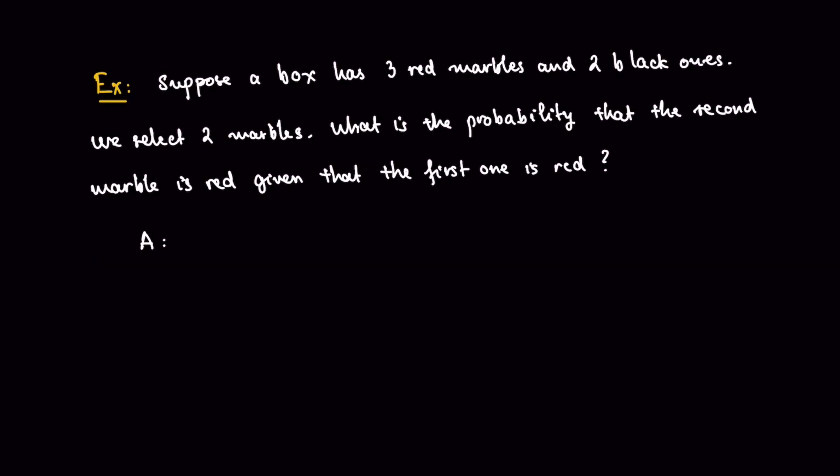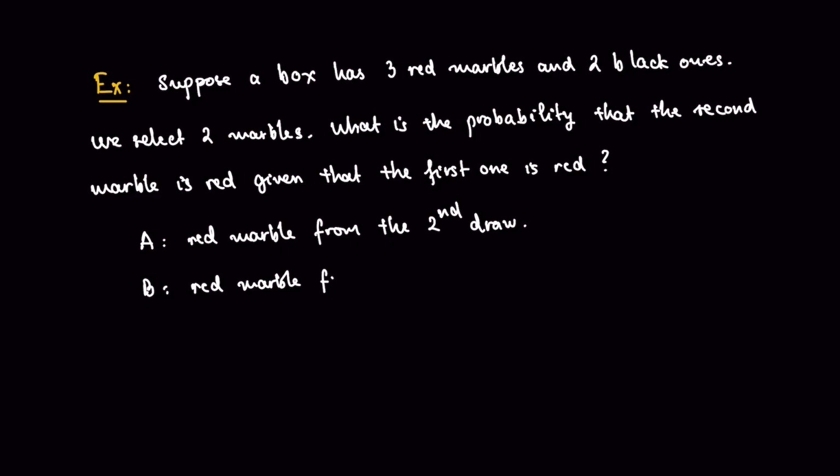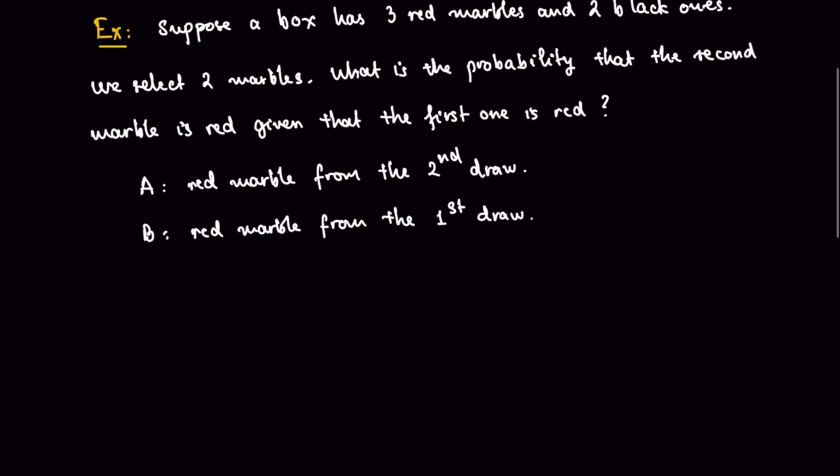So you let A be the event of getting a red marble from the second draw, and B be the red marble from the first draw. What we want to do is calculate the probability of A given B.